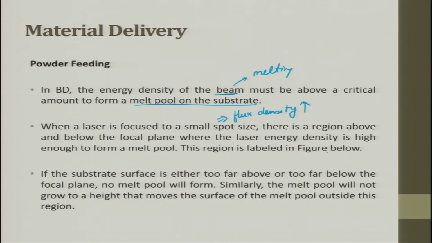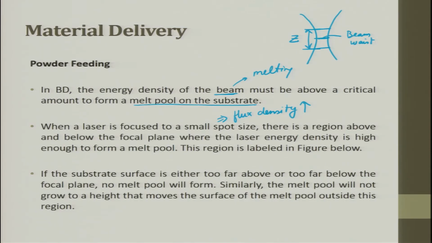This region is labeled in the figure. Okay, we will see the figure. This is the laser beam, and in the laser beam, this is the beam waist, and this is what is above and below the focal plane. We have a small area, but this Z will be too small, in a few millimeters.